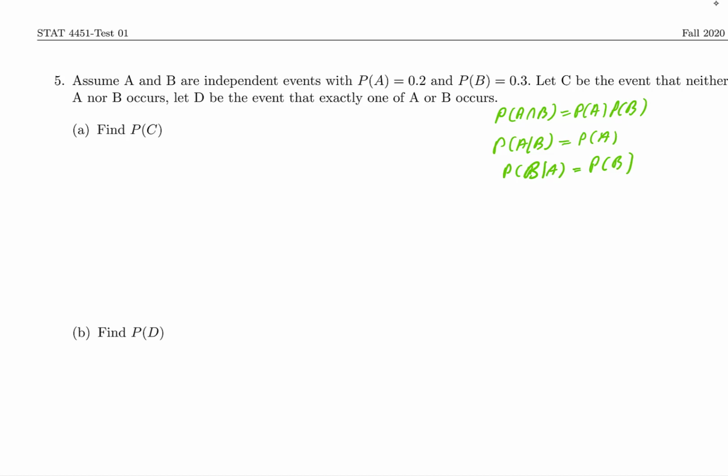Keep in mind that probability of A is given, and probability of B is given. Let C be the event that neither A nor B occurs, and D be the event that exactly one of A or B occurs.